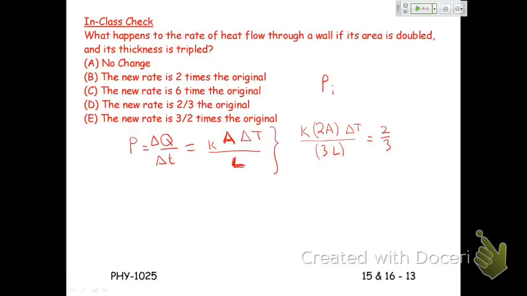You want a formal way of doing it? This is the formal way. This will always work, but it's a bit long. You say P new over P old is equal to K new, A new, change in temperature new, over L new, all divided by K old, A old, change in temperature old, over length old.